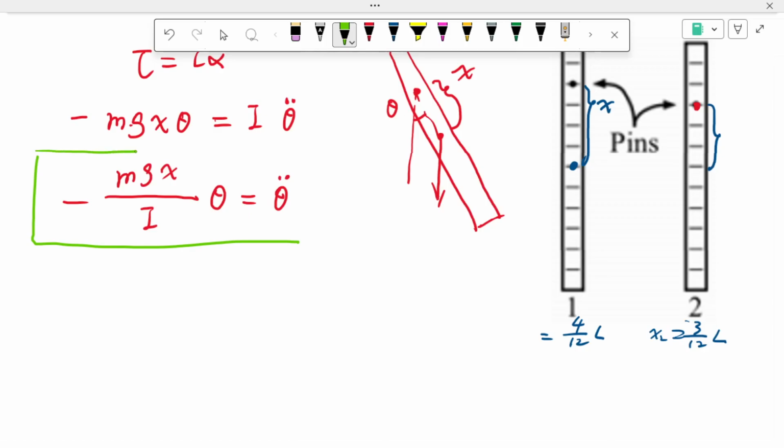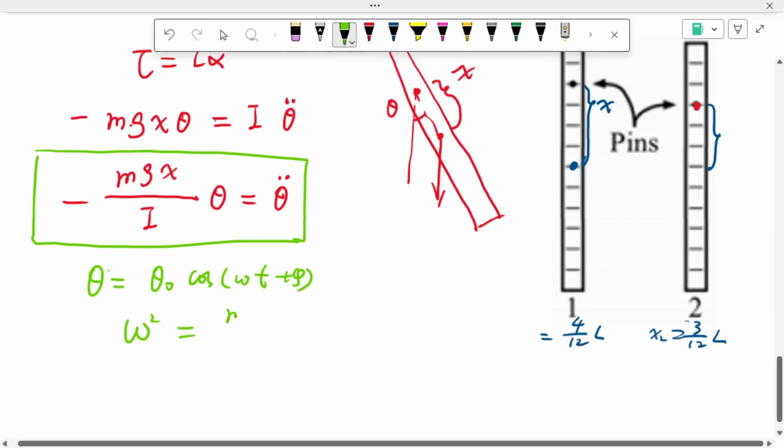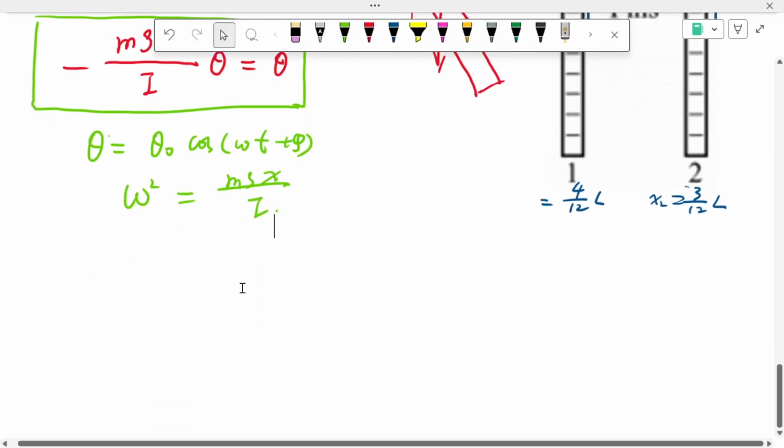Now I have the universal solution, right? So the solution for this stick would be theta 0 cosine omega t plus phi. And here, omega squared equals mgx divided by I. So now I'm going to find out what x is and what I is, right?